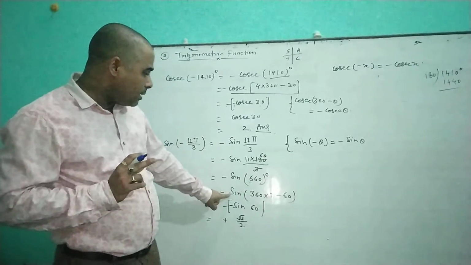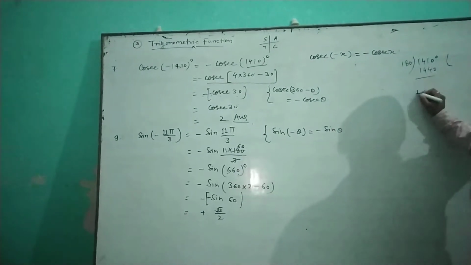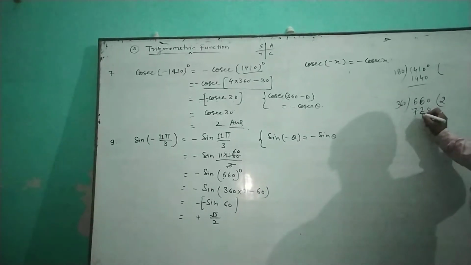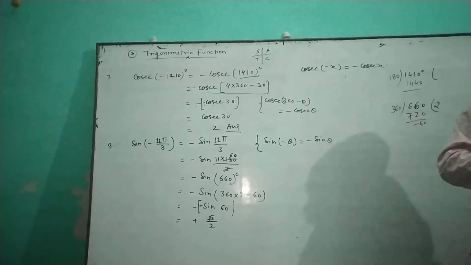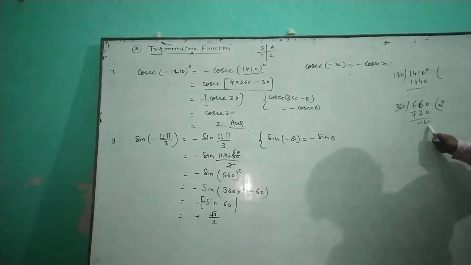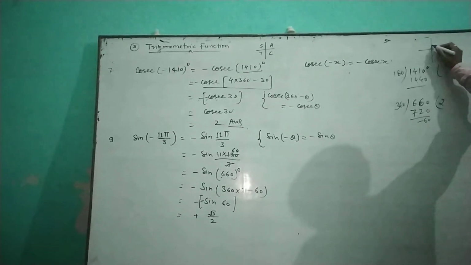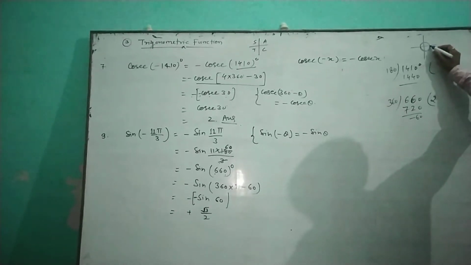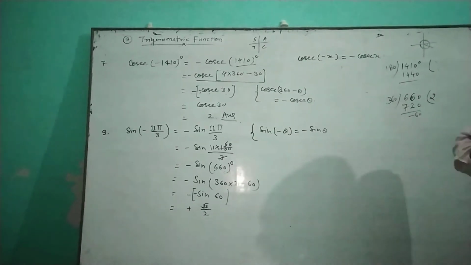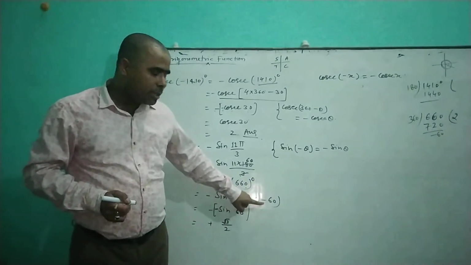Now minus sine 660. Now 660 divided by 360 goes 2 times. Now we get 720 minus 60. It means 1 time 360, 2 times 360, and the third time it is less by 60 degree. So we write 360 into 2 minus 60.